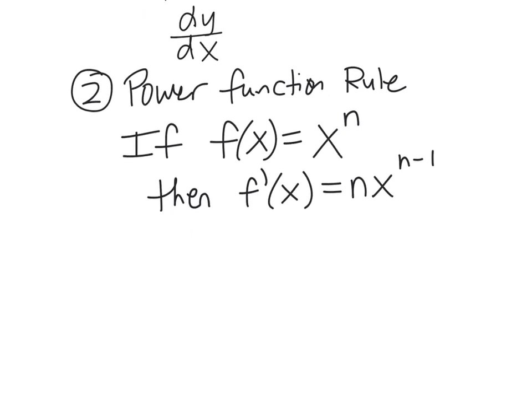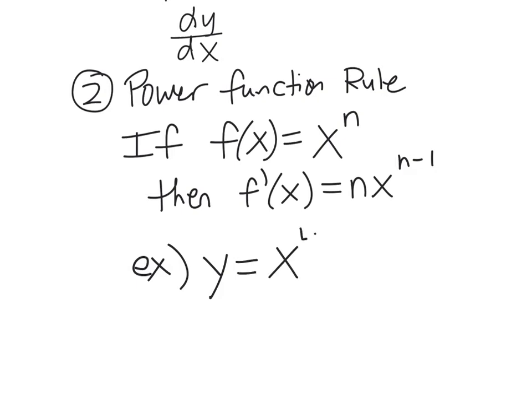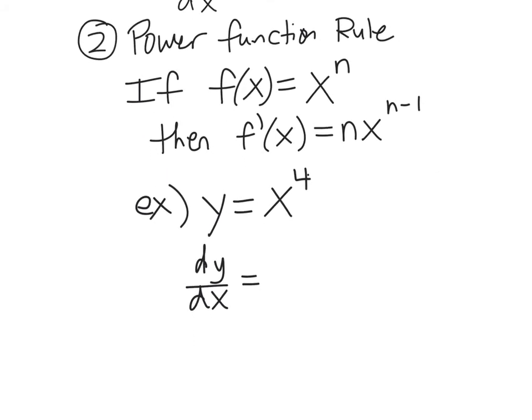That's what we've been doing a lot lately. I've been kind of referring to it. So, for example, if you have y equals x to the 4th power, then the derivative dy dx, or y prime, whatever you want to call it, is equal to, what's it equal to? 4x cubed.